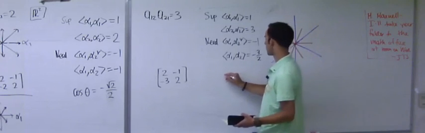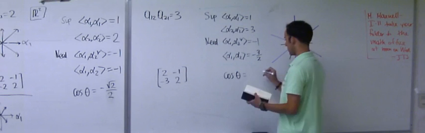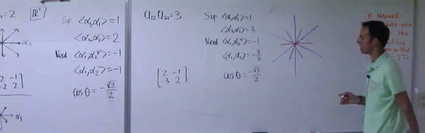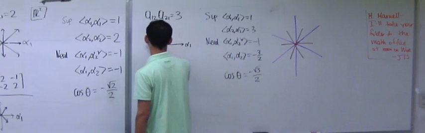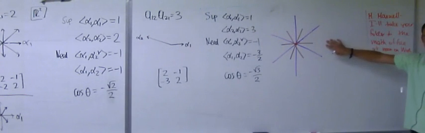And if you compute the cosine, you find that it has to be minus square root of 3 over 2. Okay? And again, we know what angle has that cosine. And so you have to choose something of length 1 here, something of length root 3 at the correct angle. And if you draw the picture, you find that this is what you get.